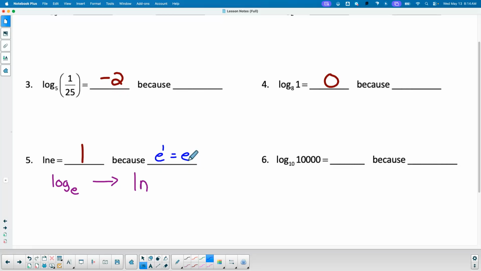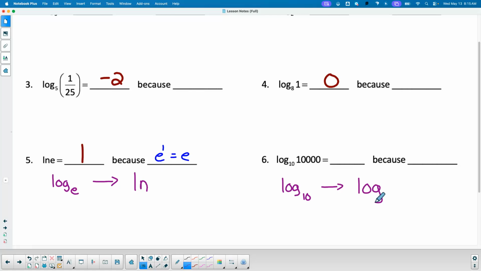Log base 10. Now, the other special log that's out there is log base 10. Sometimes, if you've got log base 10, that's just written as log with no base, because the numerical system that you have is base 10.